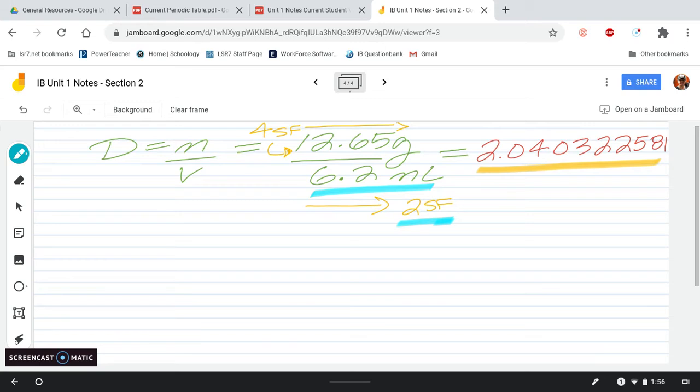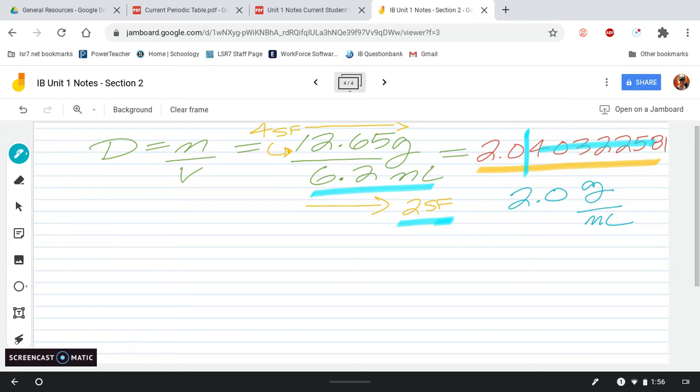So you draw a line where you have 2 numbers. I get to keep the 2 and the 0. Now we look at the 4. The 4 tells us we're not going to round up, we're just going to leave it alone, and get rid of all the rest. That would report a final answer of 2.0 grams divided by milliliter.